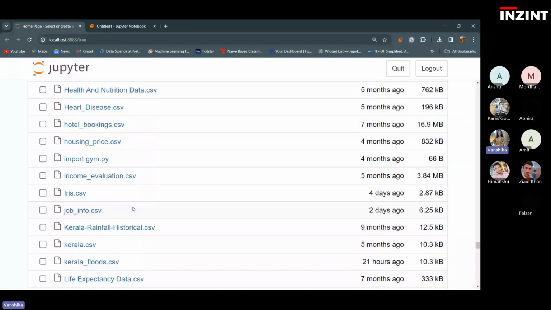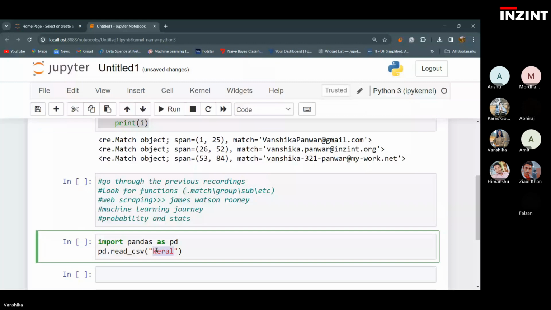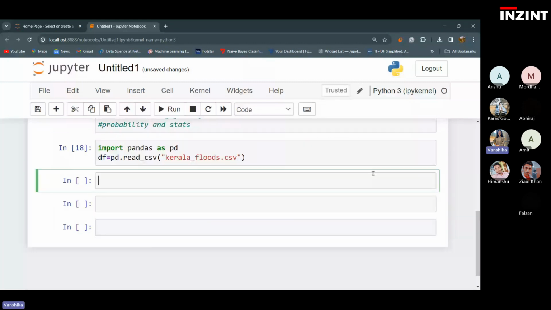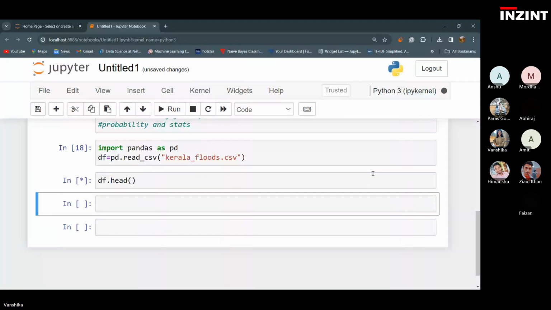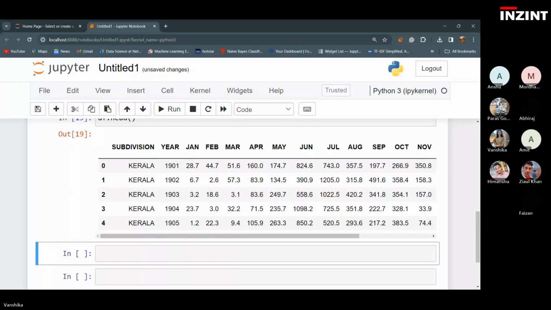Yeah, it is Kerala underscore floods.csv. And this is the head of the data. Once Himanshu and Modraj are done with loading their data, give me a thumbs up, guys.